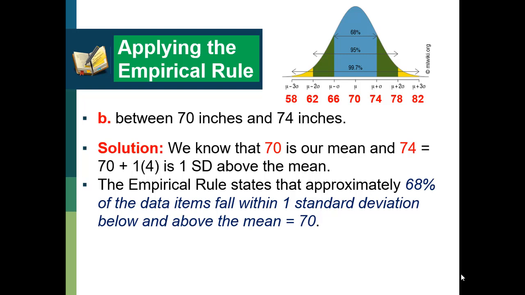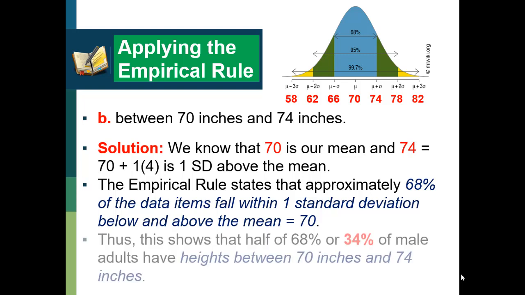Now, in our question, we're only looking for 70 inches to 74 inches. That is 1 standard deviation above the mean, and that does not include 1 SD below the mean. Hence, only half of 68%, or 34%, of male adults have heights between 70 inches and 74 inches. So the answer is 34%.